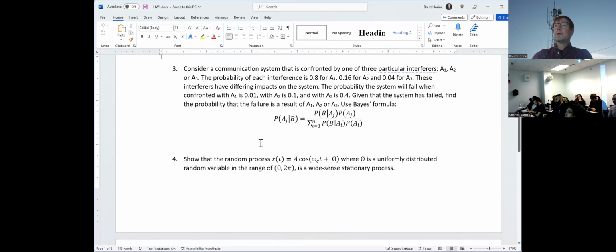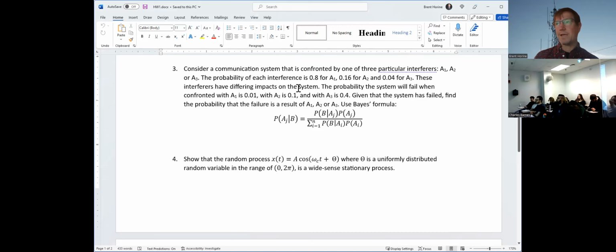Then consider a communication system. This is really all about looking at conditional probabilities, right? It's an interesting exercise because it's similar to what we just looked at, the difference between a MAP and an ML receiver. Here, the probability of each interference is 0.8, 0.16, or 0.04.